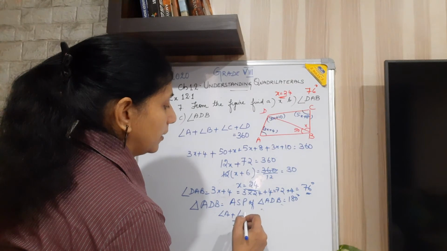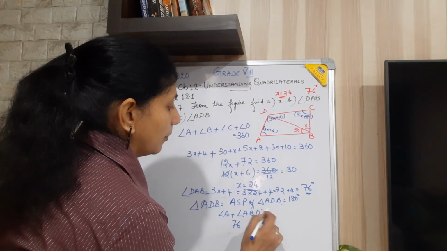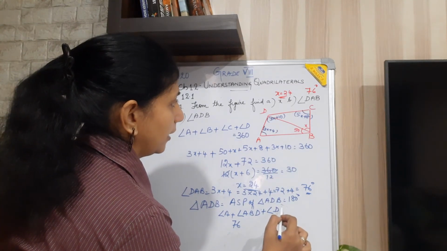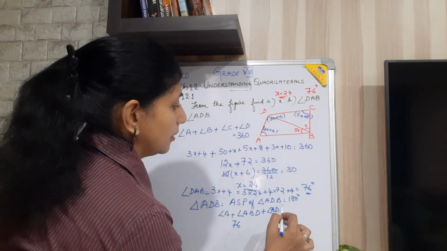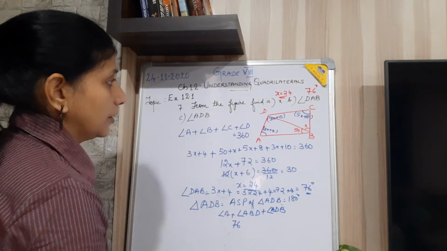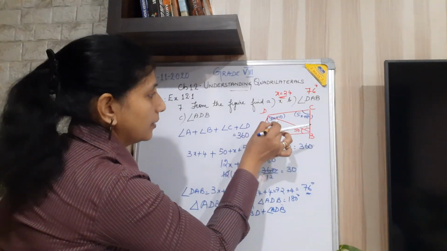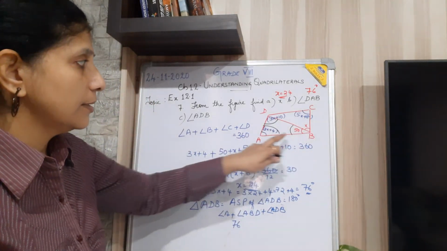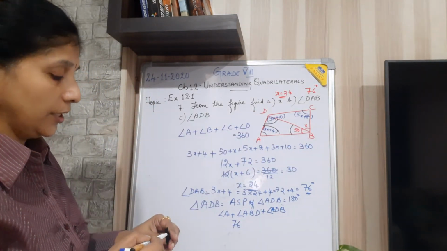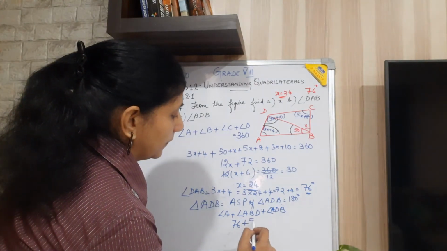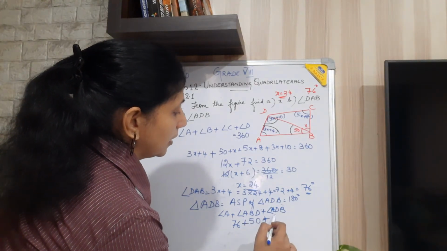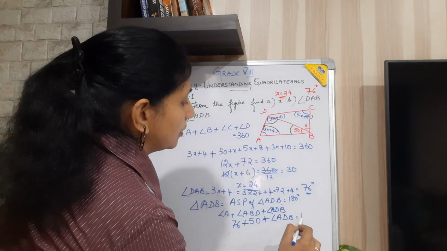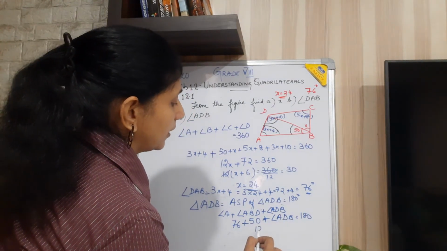So I am talking about angle ABD, this angle, which is 50. So 50 plus 76 is 126, plus angle ADB equals 180.